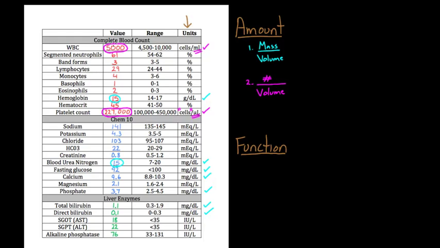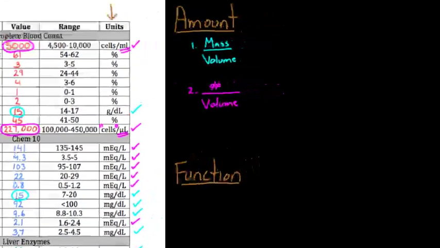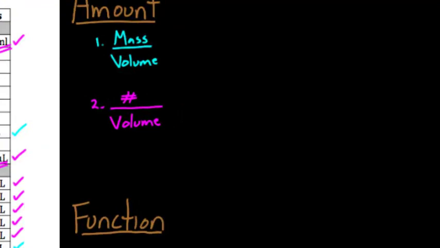Now, if you look through this list, do you see any other examples of number of something in a volume? And if you're thinking no, then I'm going to point something out to you that might surprise you. Think about these, milliequivalents per liter. All of those ions are milliequivalents per liter, right? And so thinking about what milliequivalent means, maybe we should use an example here to make it a little bit more concrete.